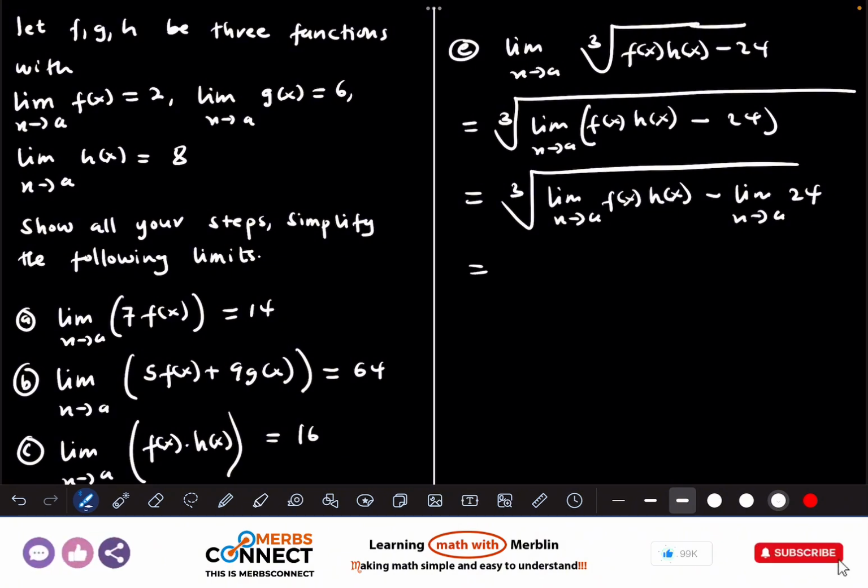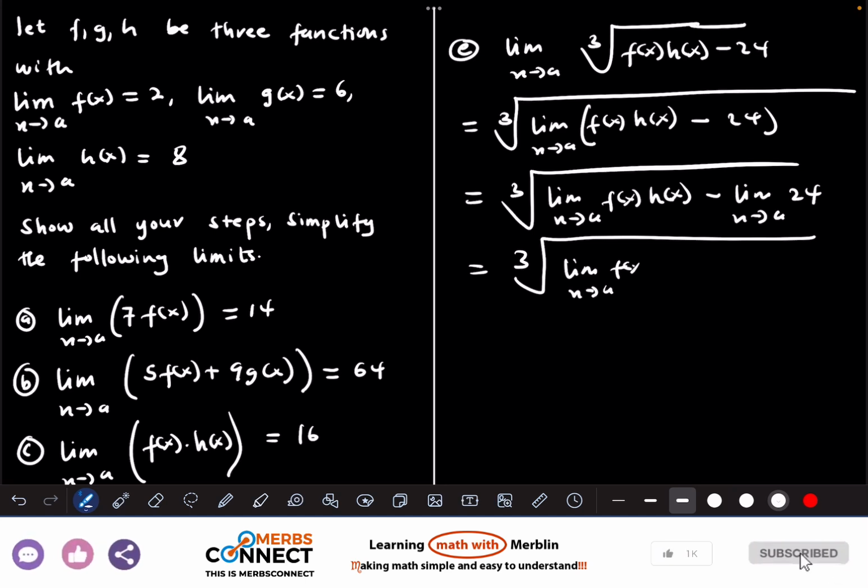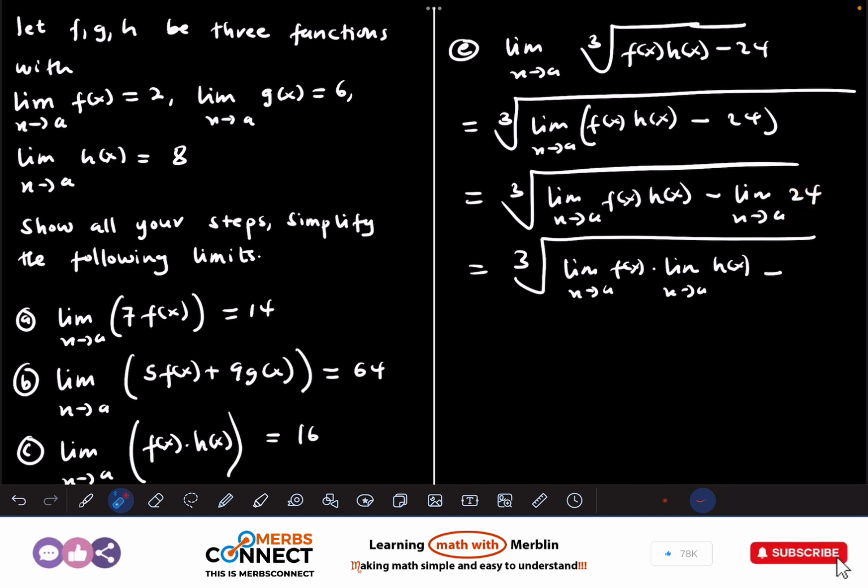Now this can be written as limit x approaching a of g of x. Then this is the product rule, so I'll write it as limit x approaching a of h of x minus, now we know that the limit of a constant is the constant, so this is going to give us 24.